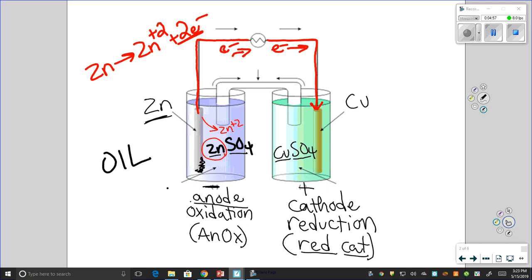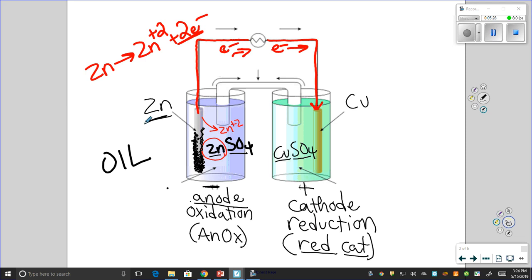It gets eaten at slowly as the oxidation occurs, because every time 2 electrons come off, one zinc atom is being turned into a zinc ion and it's being removed off of the anode and it's going into solution. So gradually this gets smaller and smaller and smaller. If that keeps going to the point where this anode is completely gone, then the voltaic cell will stop functioning.